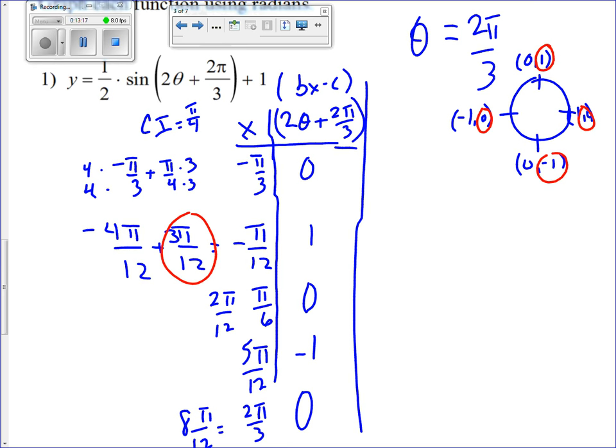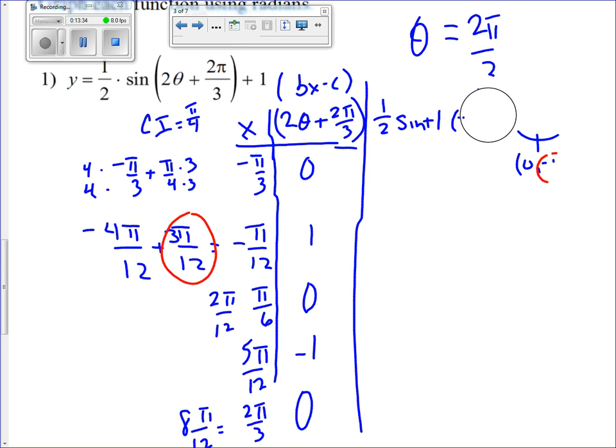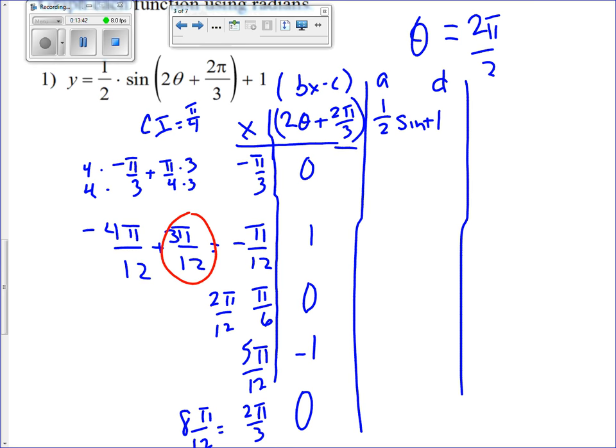Our next column, we're going to add a and d. So this is the 1/2 of sine plus 1. Go ahead and get rid of this real quick. A and d.